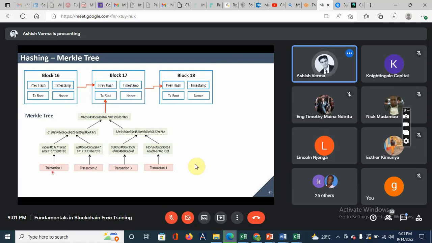But in this case, it doesn't go the other way. We can only create it one way. From this hash, I cannot identify the original, because it's a one-way function, not a two-way function. So it's not encryption. It's a concept called hashing itself.